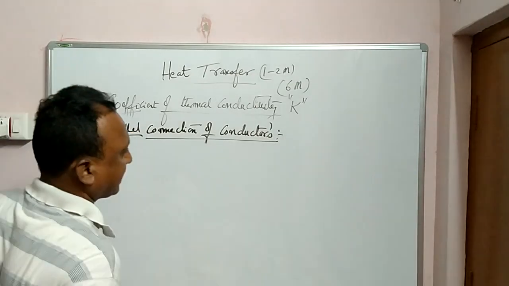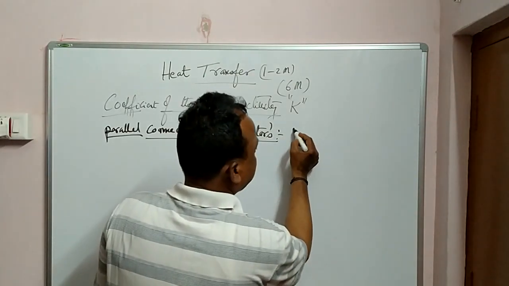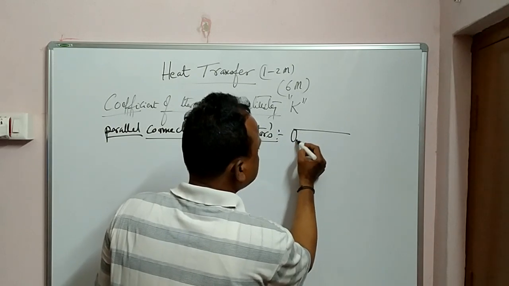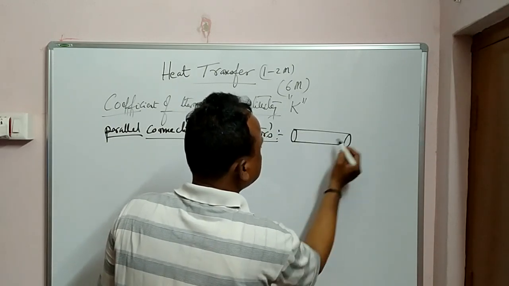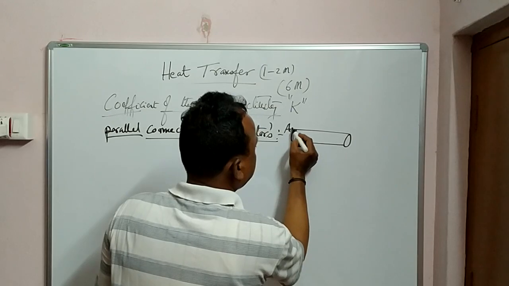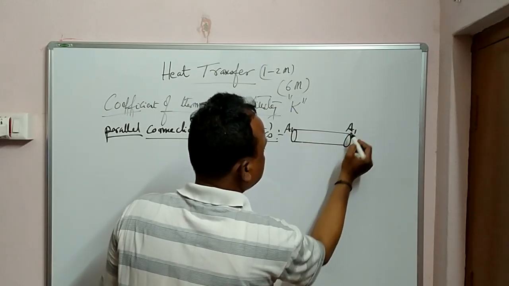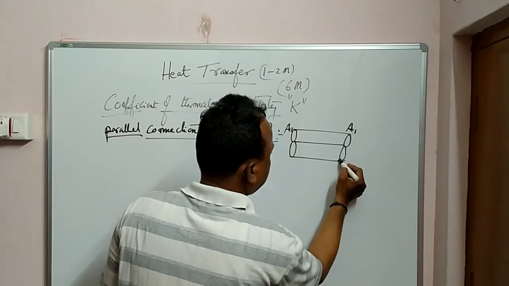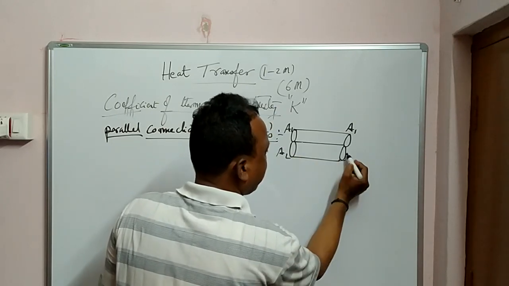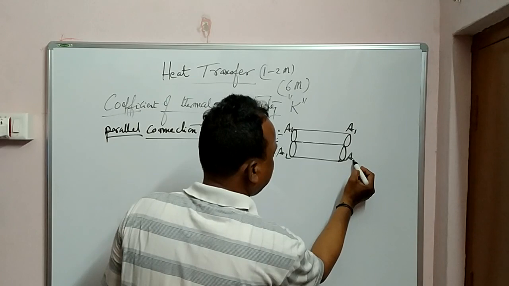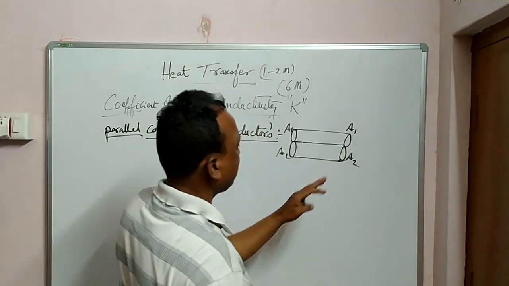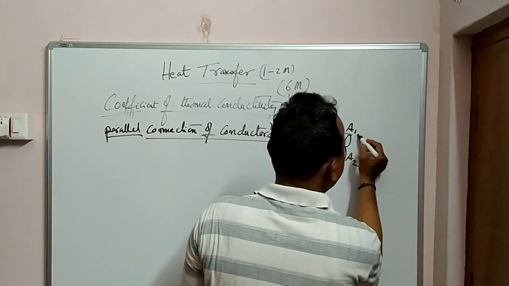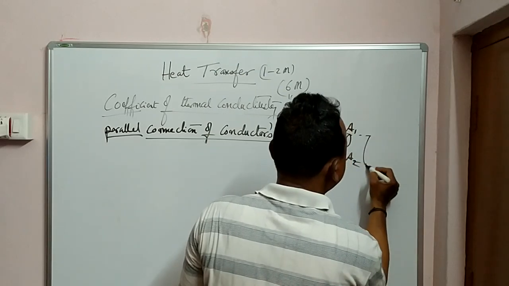Parallel connection of conductors. That means this is one conductor with cross section A1, and another conductor. You can even take the same area or unequal area. This is A1, A2. Now this is combining into a single one.